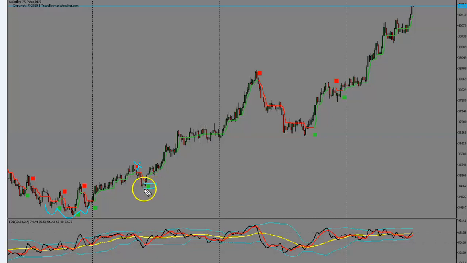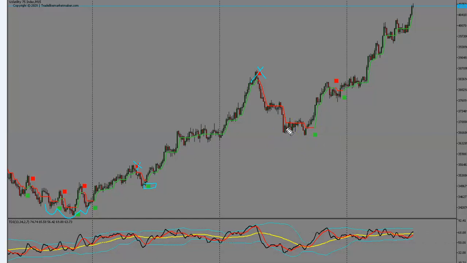This is valid, and then it goes all the way up to here. These are the signals that I told you should avoid because they are against the trend. Okay, you must have patience to wait, guys.